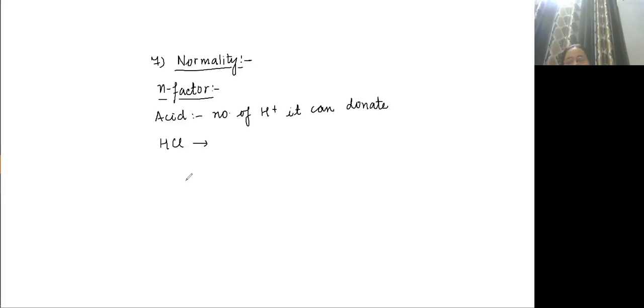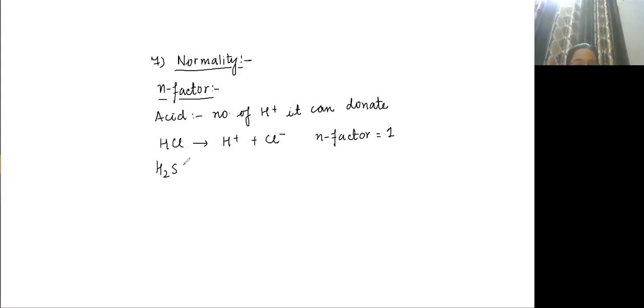It has only one H plus, so it will donate only one. So it can be written as H plus plus Cl minus. Can I write it like this? Any confusion in this? H plus Cl minus. So what is n factor of HCl? What will be its n factor? N factor is 1. So for HCl, n factor is 1.